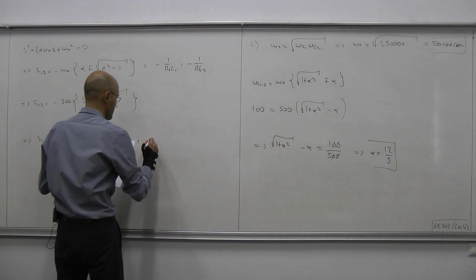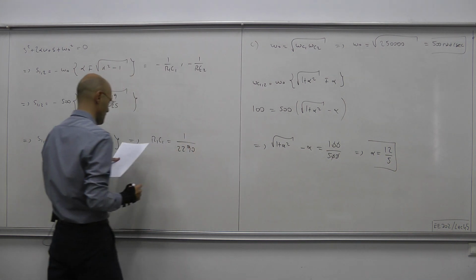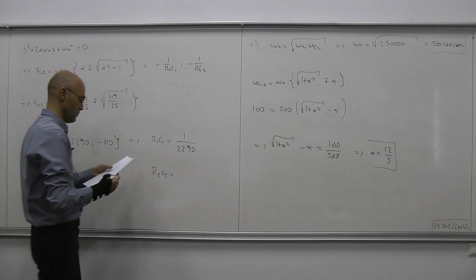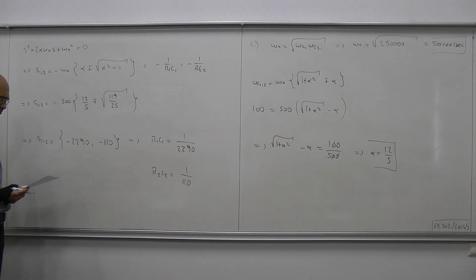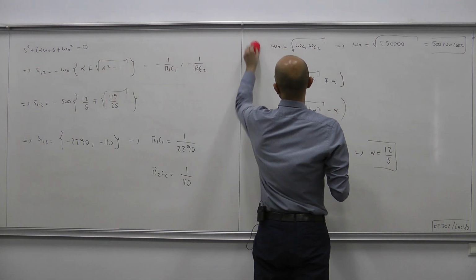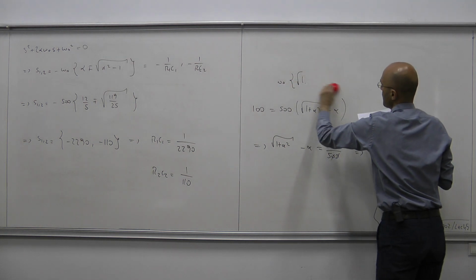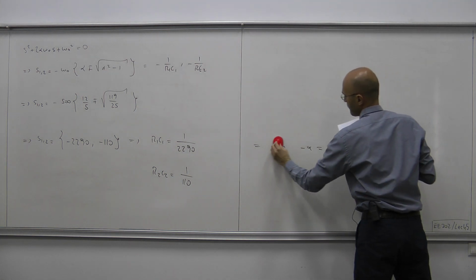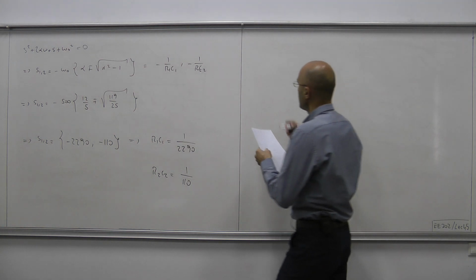So R1 C1 suppose equals 1 over 2290, and R2 C2 equals 1 over the magnitude of the other root. Then let's pick the resistance values, and once those resistance values are picked, capacitance values immediately follow.